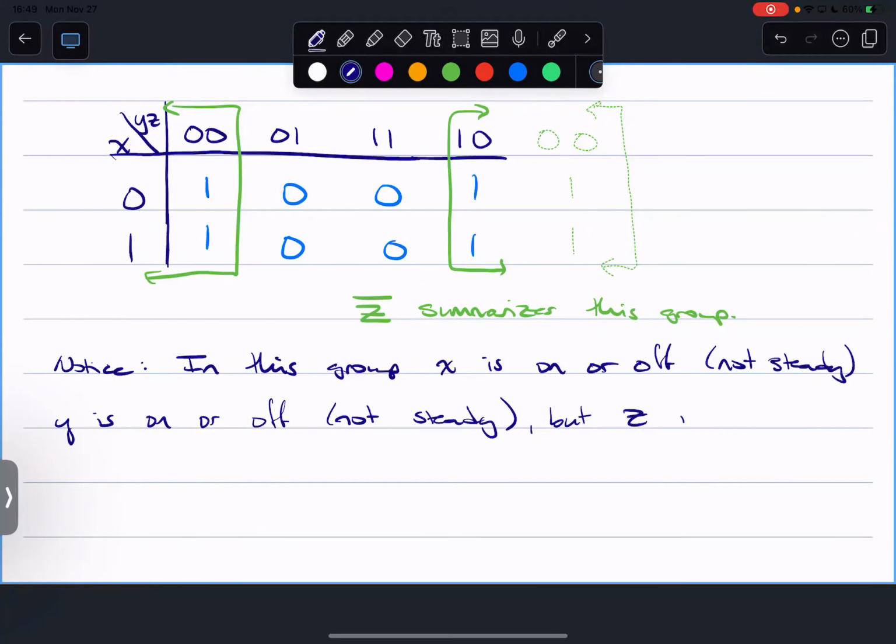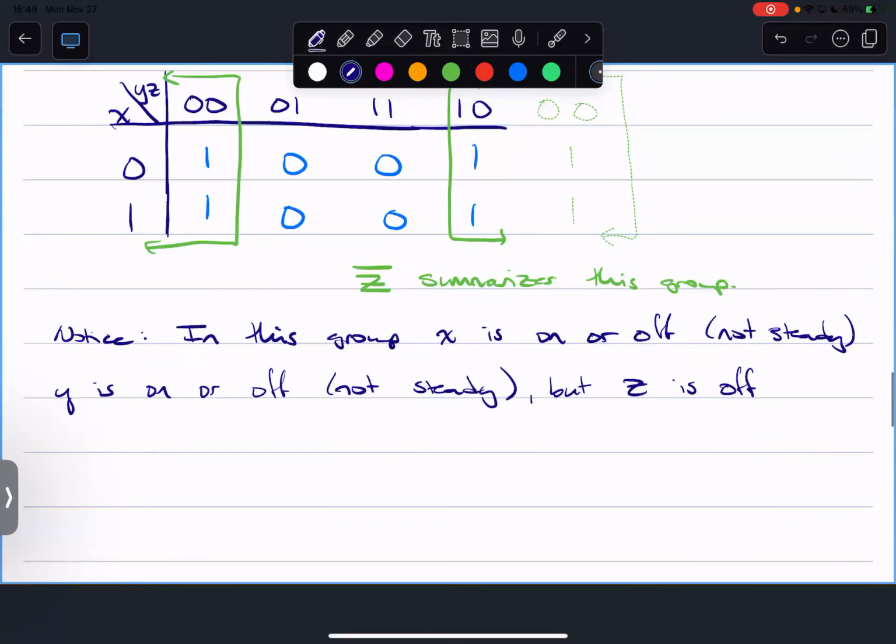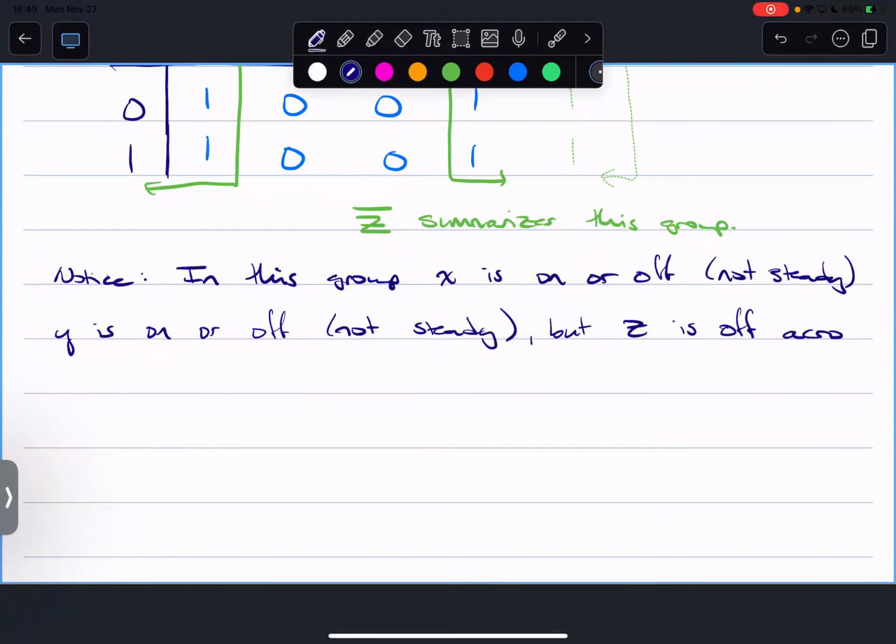But Z is off in all values of this group, right? Across the entire grouping. Therefore, Z off summarizes this group.